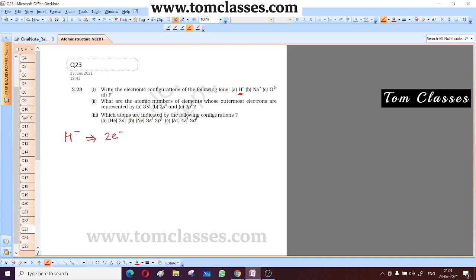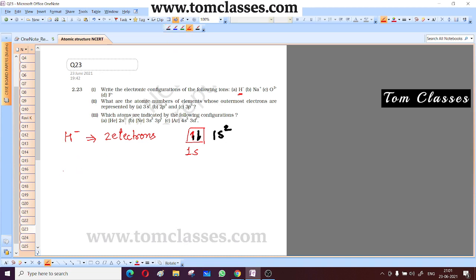So the electronic configuration is going to be what? If it is the 1s orbital, one electron is already there and it has got an additional electron. So the electronic configuration will be 1s2.